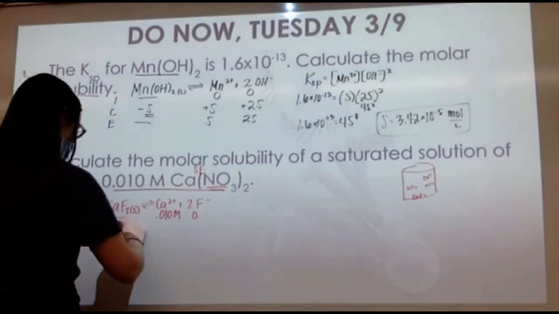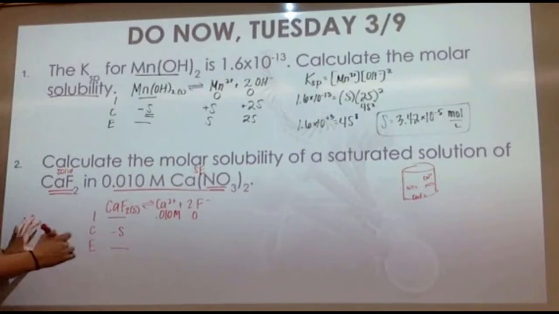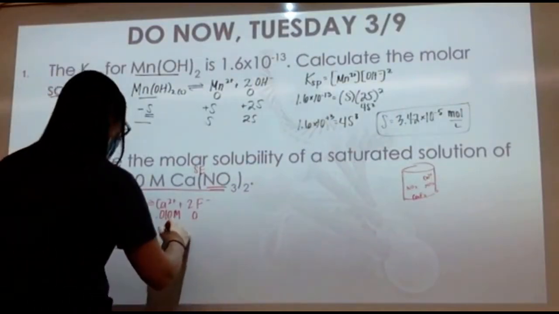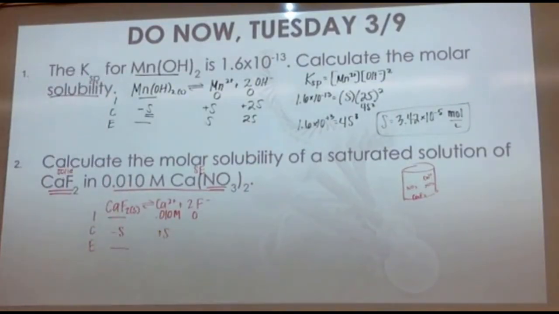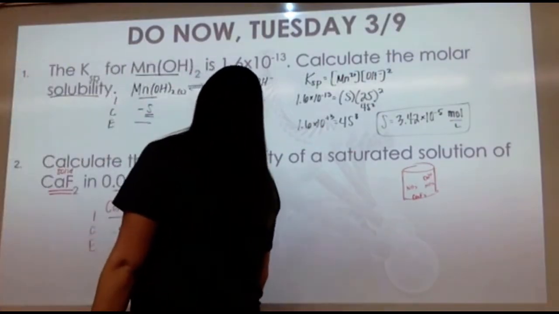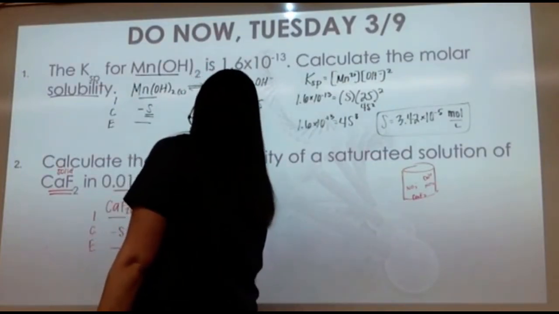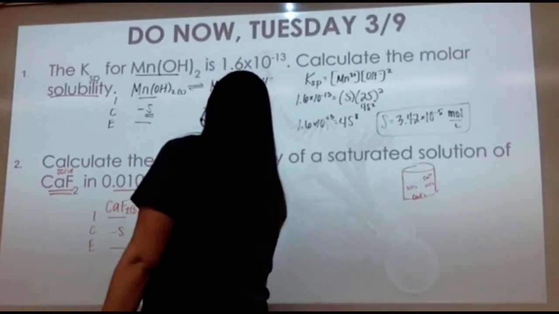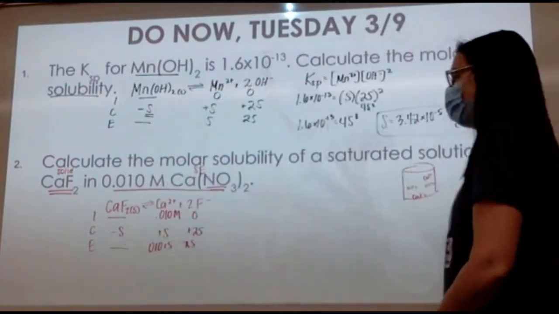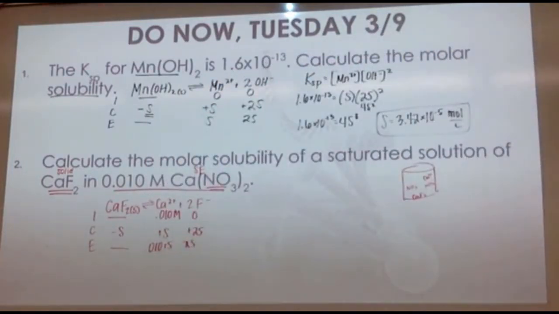If calcium fluoride has S amount dissolving, Ca2+ will increase by S amount, and the fluoride ion will increase by 2S. So then at equilibrium, we have 0.01 plus S and 2S.